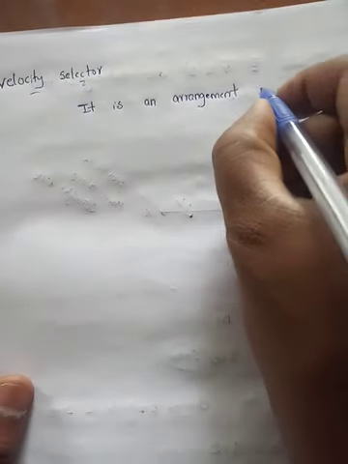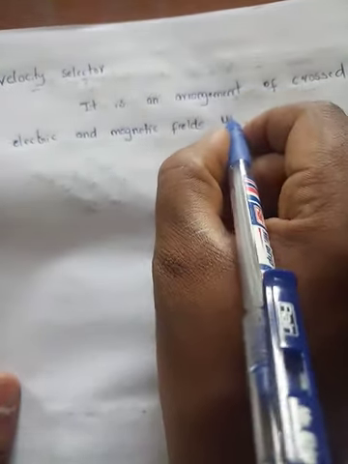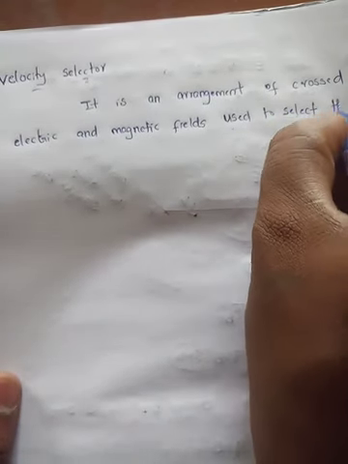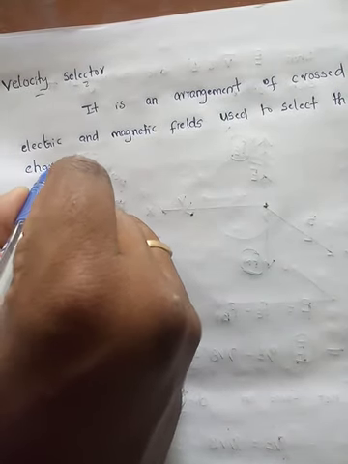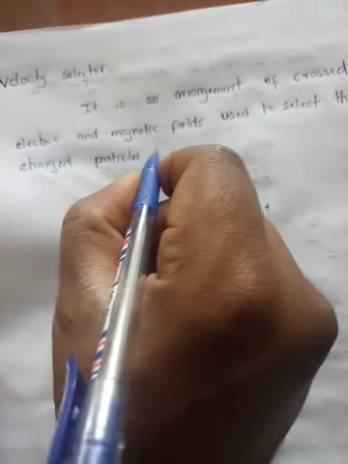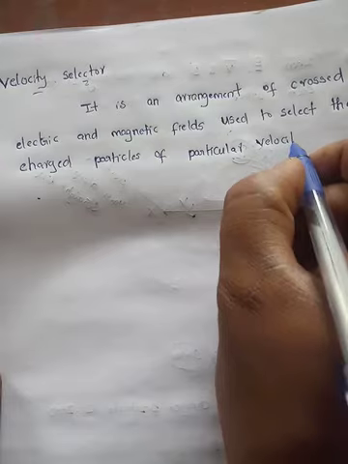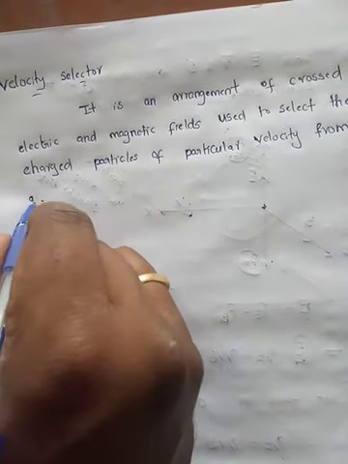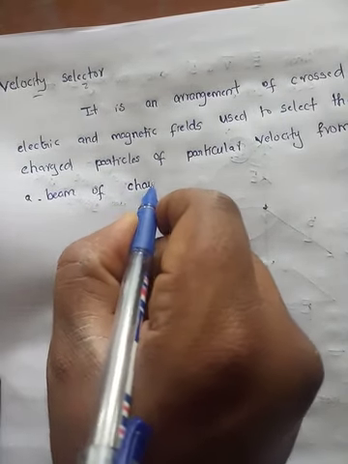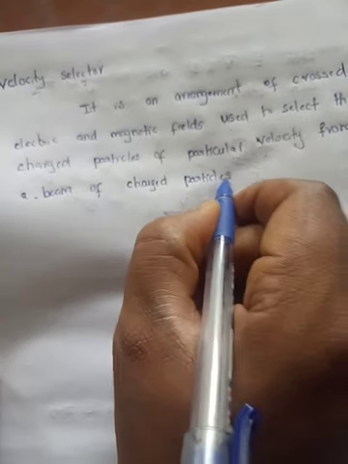so what have we done here? We arranged crossed electric and magnetic fields. It is an arrangement of crossed electric and magnetic fields used to select the charged particles of particular velocity from a beam of charged particles having different velocities.